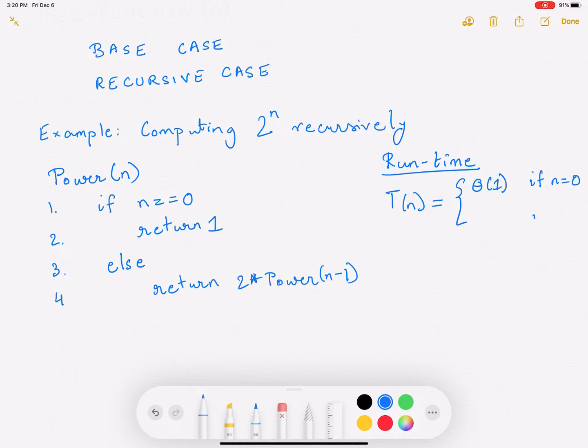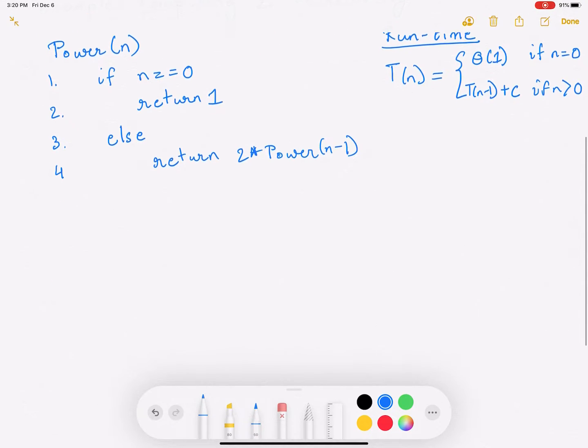Now for n greater than 0, you're essentially going to have T(n minus 1) plus c, some constant amount of time. Now, how do we go about solving this runtime and getting an absolute value of T(n)? So that's what we're going to solve here.